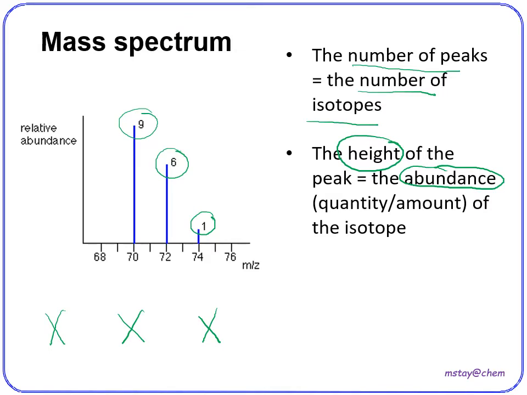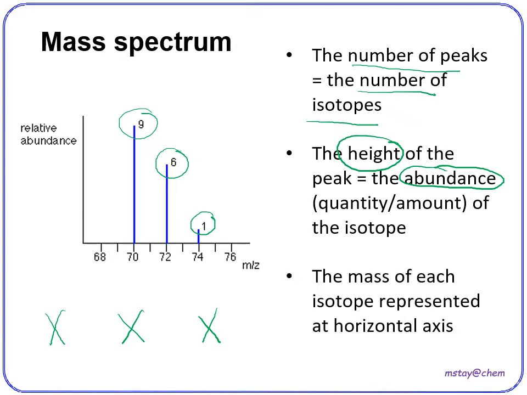Then what is the next information that we can obtain from this mass spectrum? It is the mass of the isotope. The mass of each isotope is represented on the horizontal axis. Horizontal means the x-axis. Since this is the mass, if you still remember, the mass is represented by the mass number A in the isotope notation.